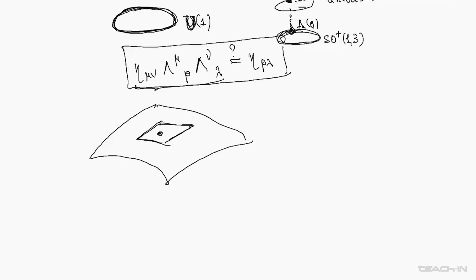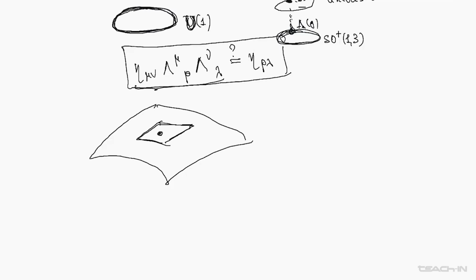And if this tangent space is supplied or inherits a Minkowski metric, then this will be a Lorentz group of the tangent space. So the Lorentz group becomes local. You associate it to a tangent space, but not to the whole manifold. Moving from point to point, you will have different local Lorentz groups in this case.